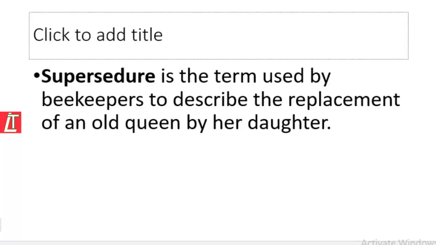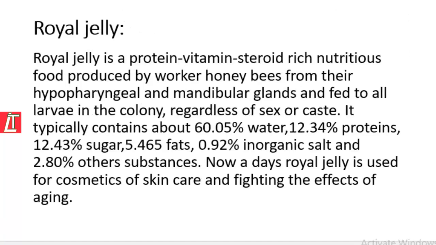Royal jelly. Royal jelly is a protein, vitamin, and steroid rich nutritious food produced by worker honeybees from their hypopharyngeal and mandibular glands and fed to all larvae in the colony, regardless of sex or caste.